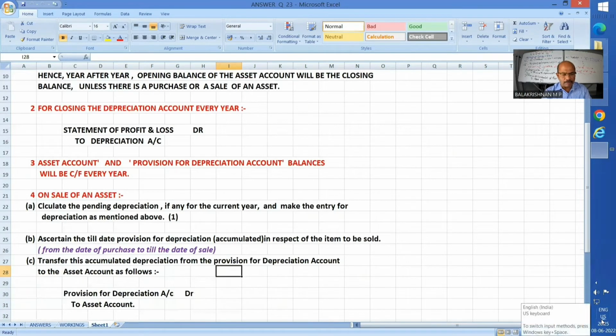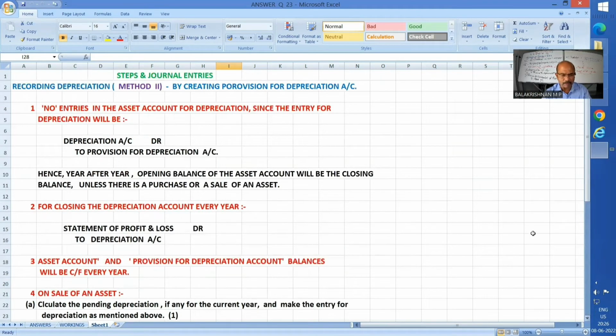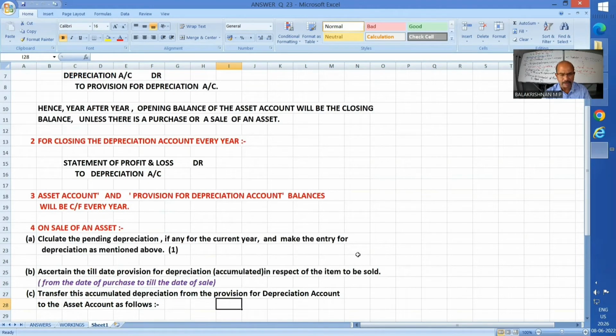4. On sale of an asset, Step A, calculate the pending depreciation, if any, for the current year and make the entry for depreciation as mentioned above. What is the entry? Depreciation account debtor to provision for depreciation account.